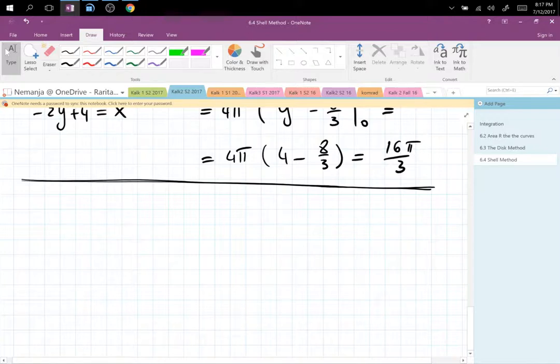I want to work out another shell problem before we continue talking about the differences. So let's practice a little bit more. So let me see which problem would be good.